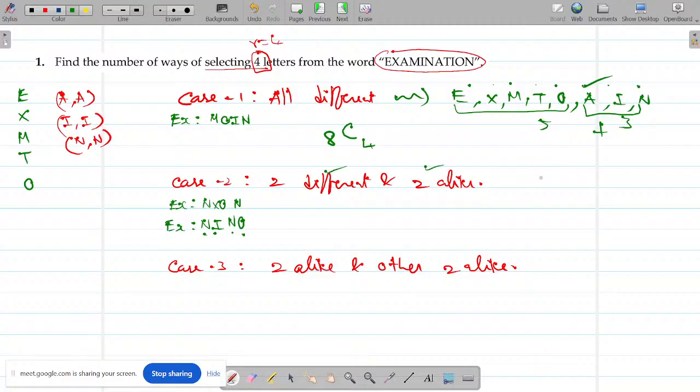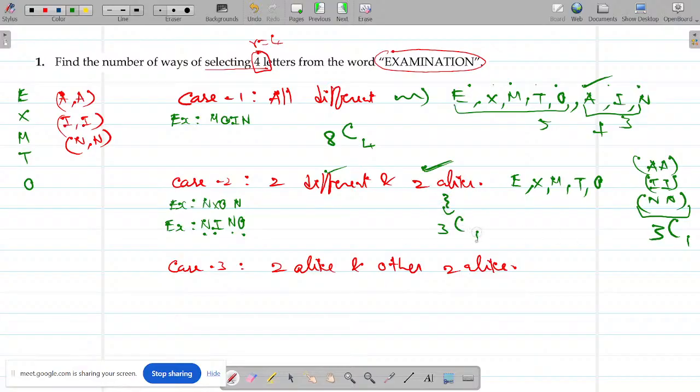So how many different options do we have? For all different, I have E, X, M, T and O. For two alike, I can take A, I, N. In this, you go for choosing the two alike first, because among these three, choosing one means you're choosing two alphabets. So for these two alike, it is 3C1.